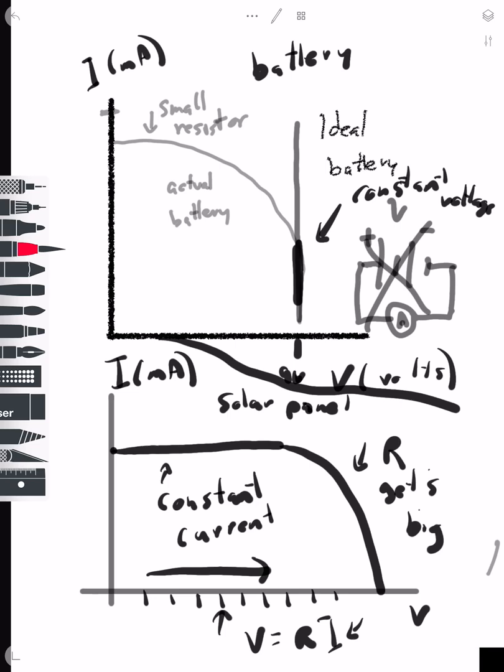Similarly, when you're hooking up your solar panel to something, it's going to deliver a fixed amount of current, whether the resistor is small or medium. If the resistor gets too big, then the current will start to drop as the voltage gets even bigger. All right, so that's a little bit about the IV curves of batteries and solar panels.